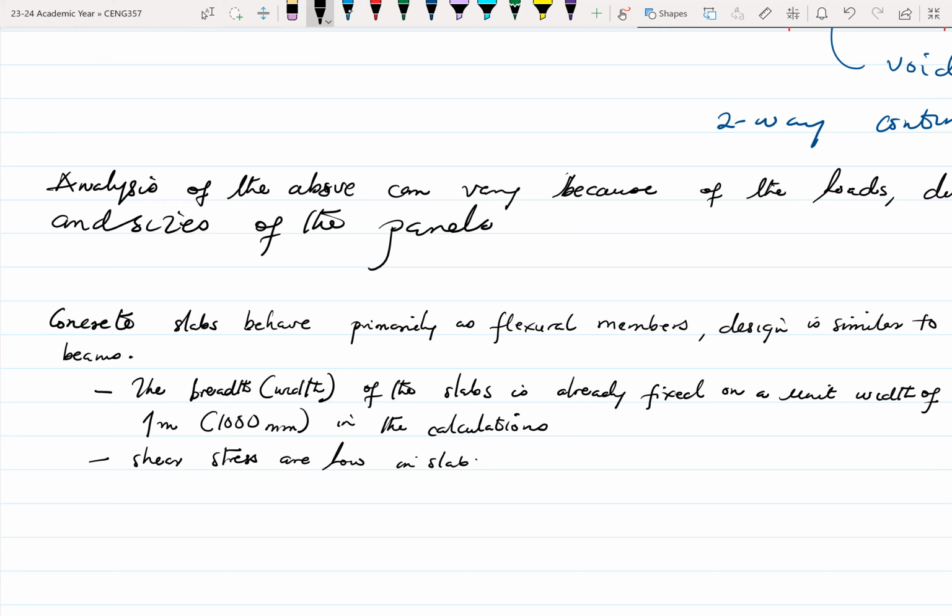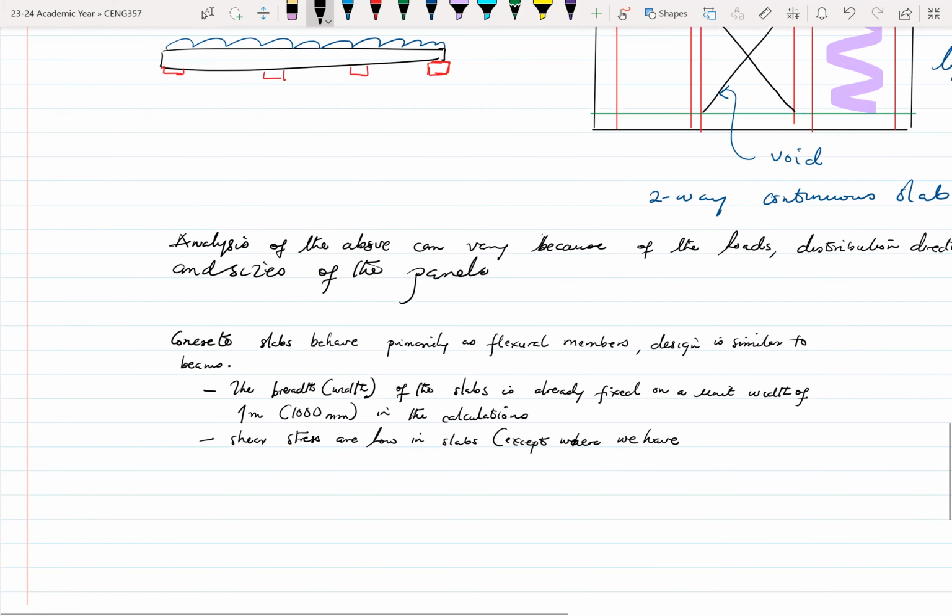Okay. I mean, usually it's not always the case, so just take note of it. Except where we have concentrated loads, where we have heavy concentrated loads. So take note of that.